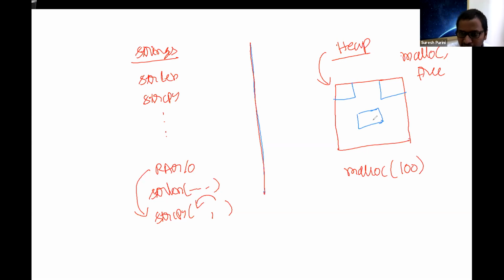And then there is a free function, and free takes a pointer. It will free the memory which ptr points to. This is the interface that is given to you.